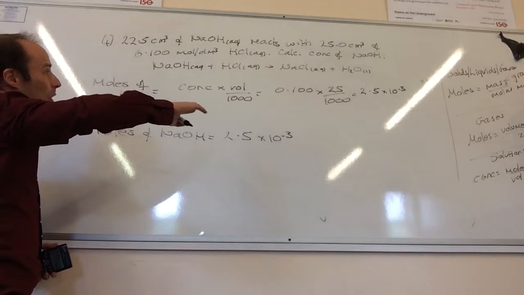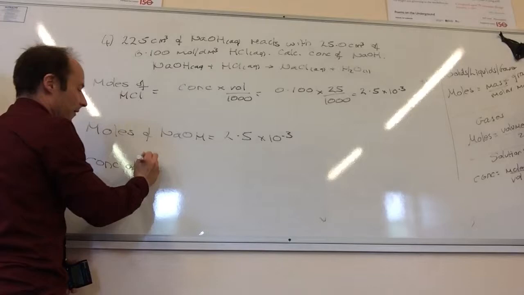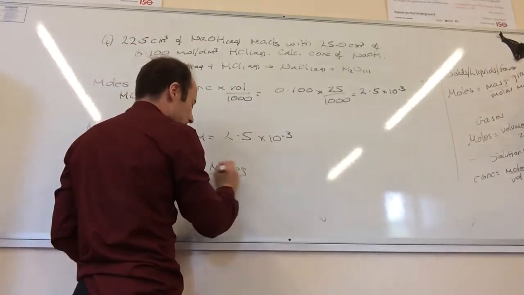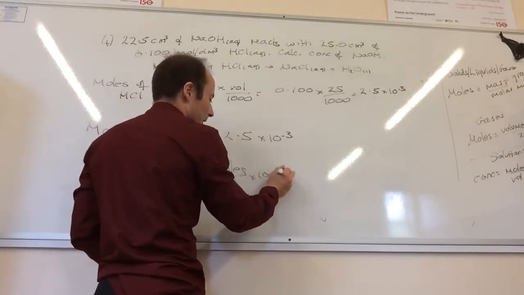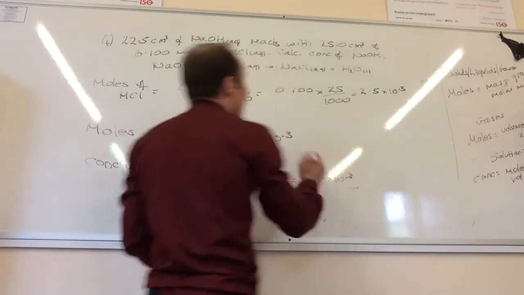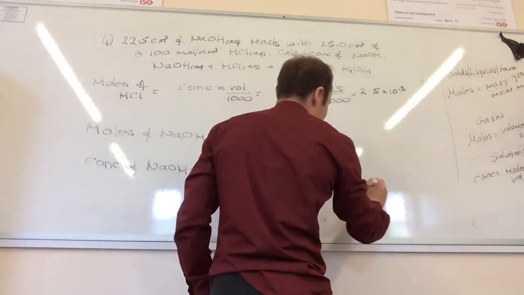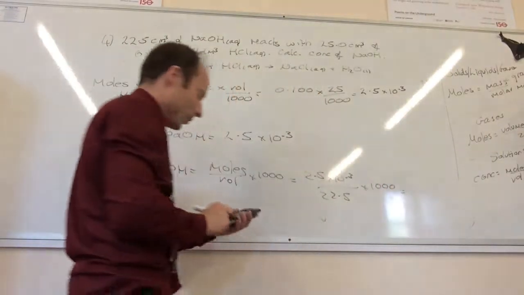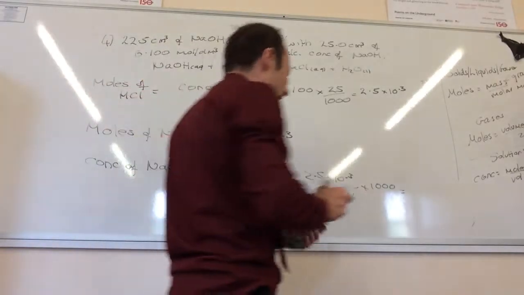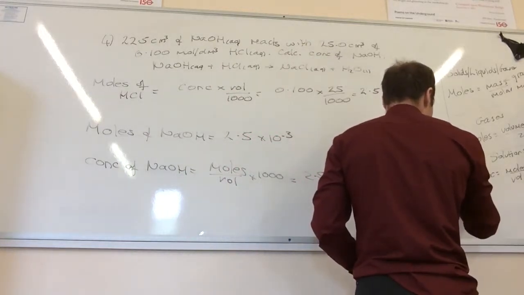And they now want me to work out the concentration. So concentration of NaOH is going to equal moles divided by volume times 1,000. Moles I've just worked out. Volume they told me is 22.5, times it by 1,000. And that gives me 0.111 moles per decimetre cubed.